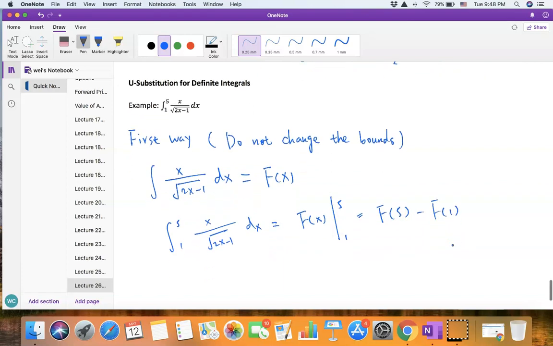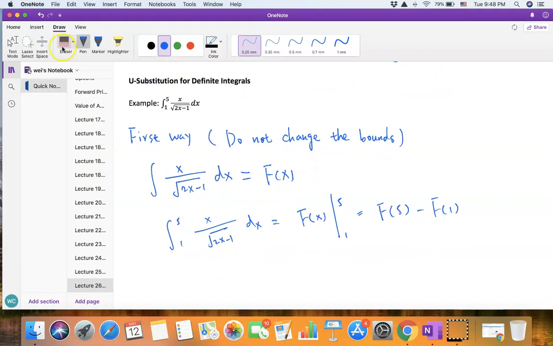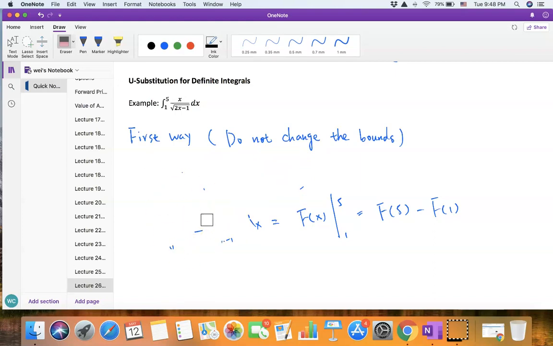Now, here is the idea. The first thing is we need to know what is this guy, okay? And we can find this by using u-substitution. All right.